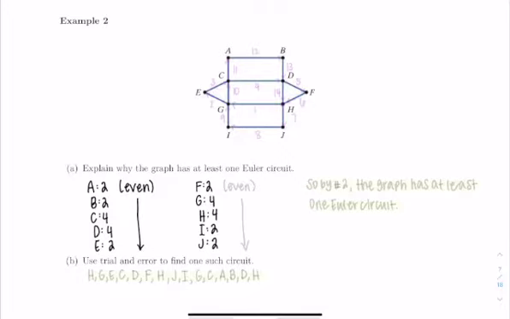So what does Euler's theorem say about this? By number 2, because we have no odd vertices, it means the graph has at least one Euler circuit.